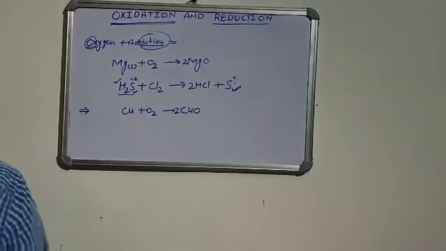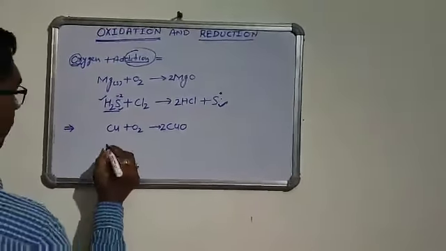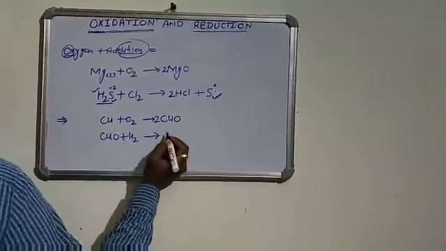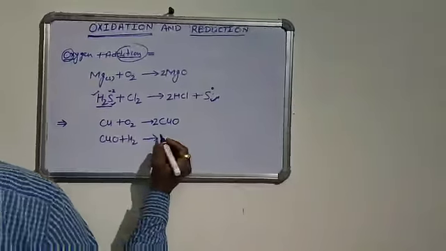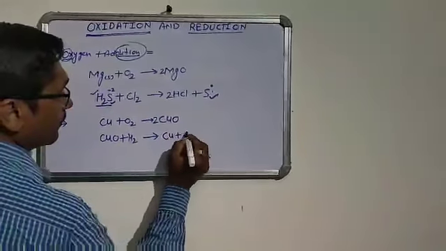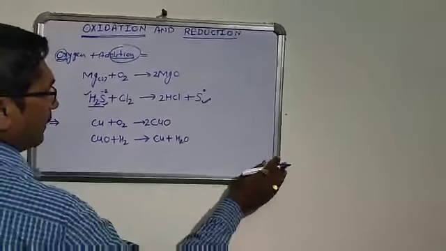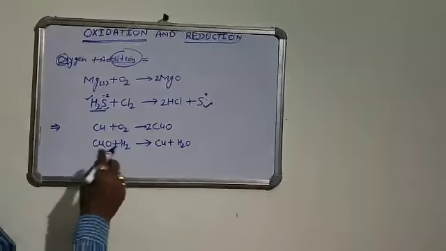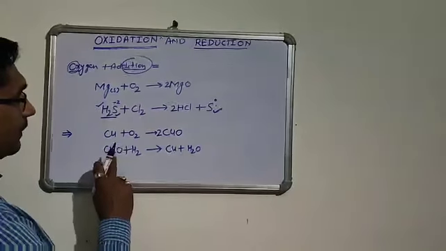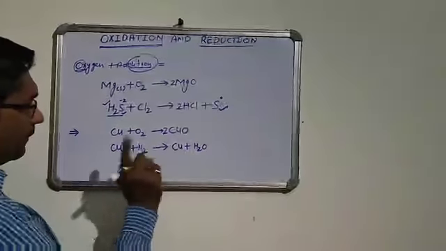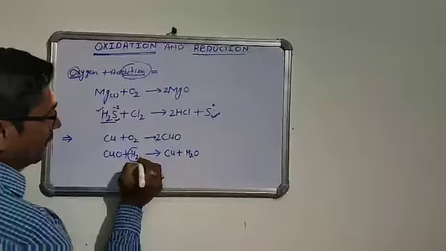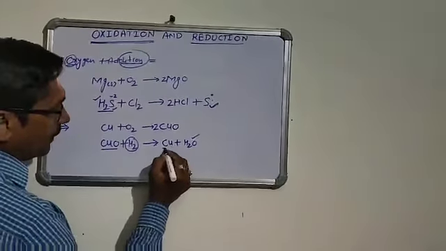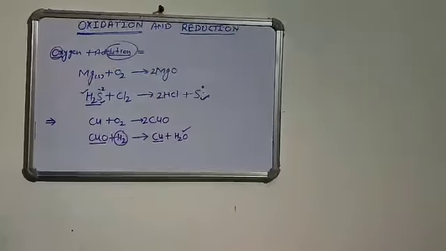Now the second example, CuO reacts with H2. It gives Cu plus H2O. In this case, listen, hydrogen gets oxidized to water and CuO converted into Cu is called reduction.